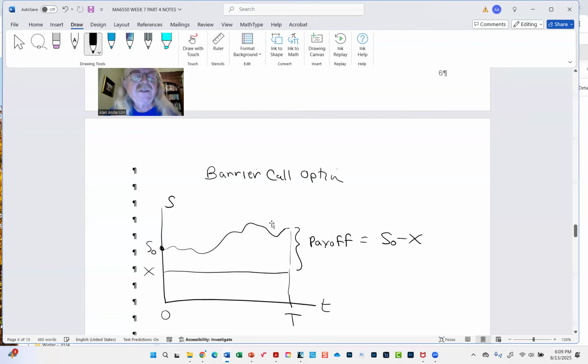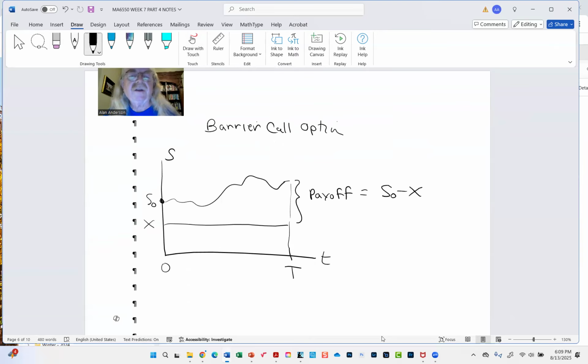I'm going to set up, in addition to the strike price, what's called a barrier. And if you notice right here, the stock price reaches the barrier. So what does that mean?